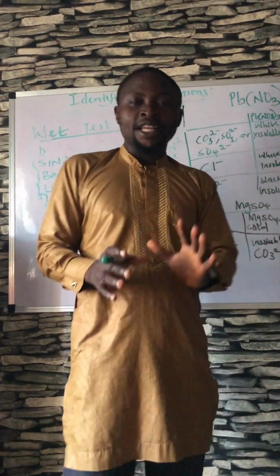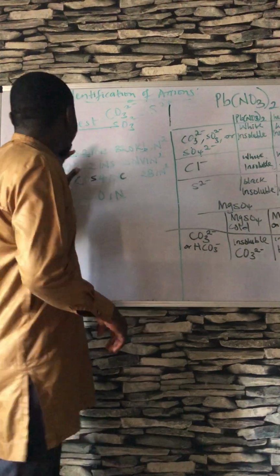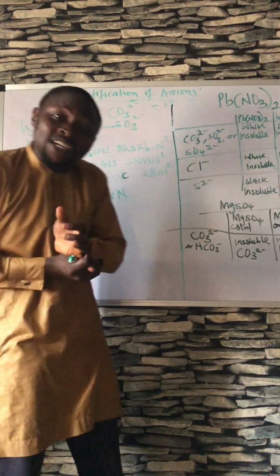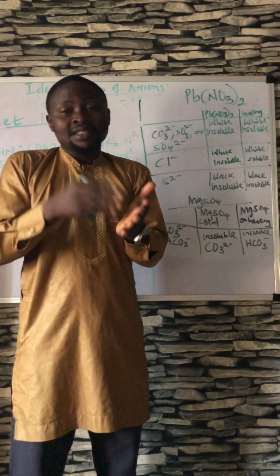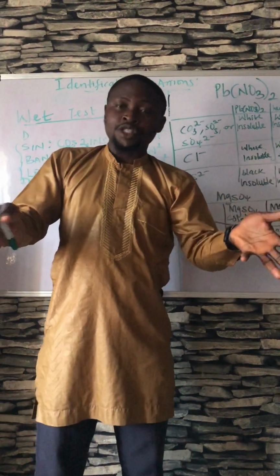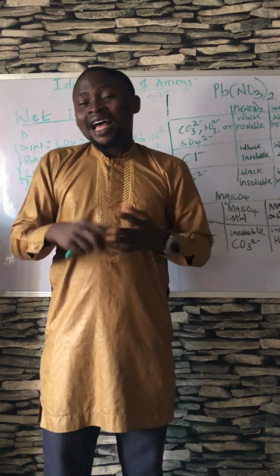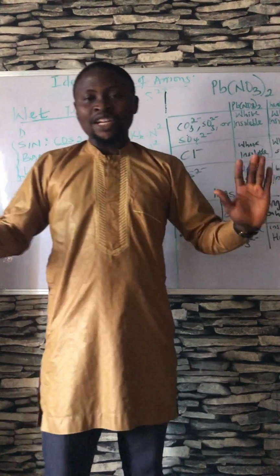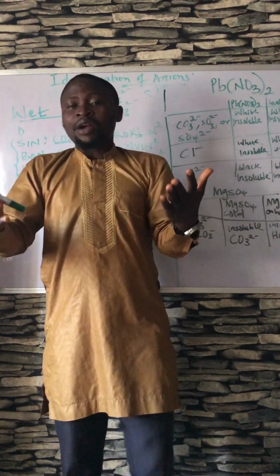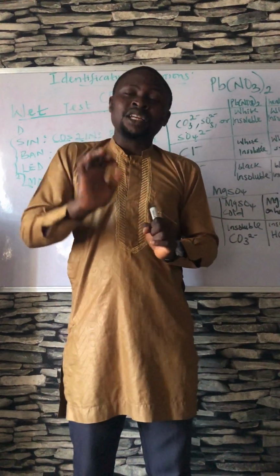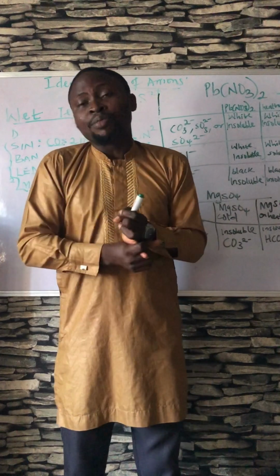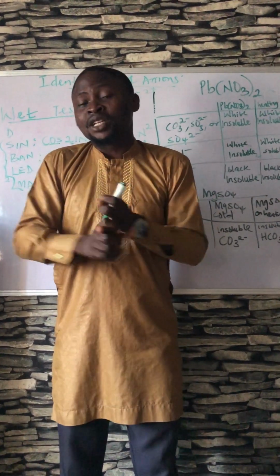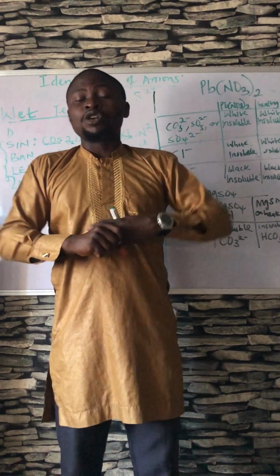So basically, we are done with silver nitrate, and then we are done with barium nitrate. I told you earlier on, ab initio, that basically what we are dealing with are these 4 reagents: barium nitrate, silver nitrate, lead nitrate, and what?